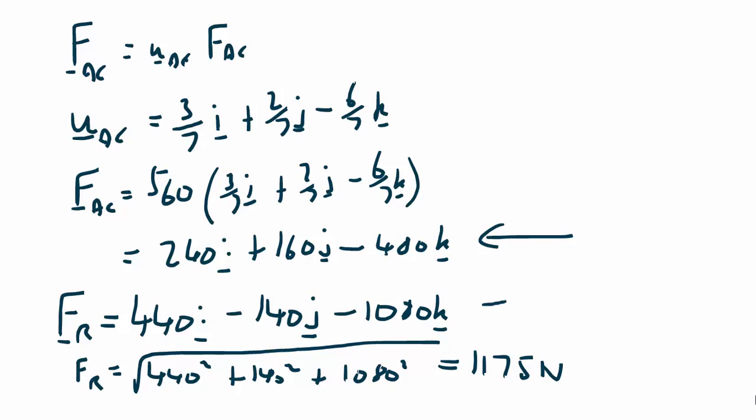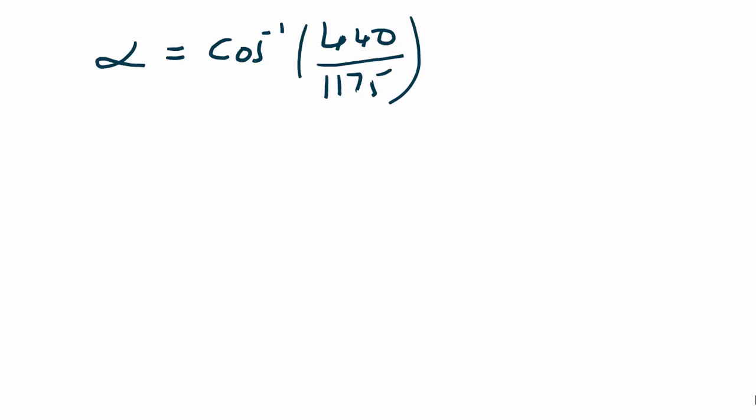If we then remember this piece and my total magnitude for the next slide, so not that bit, don't need that for the next slide. My alpha angle will then be the inverse cosine of the i component of my resultant force, so 440 over the total magnitude of 1175, which equals 68 degrees.